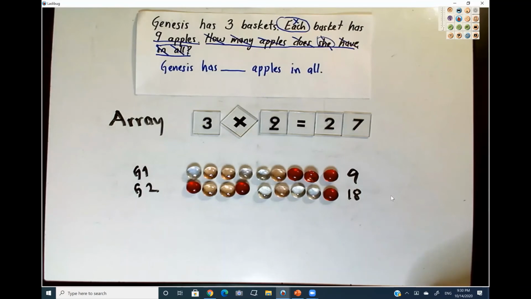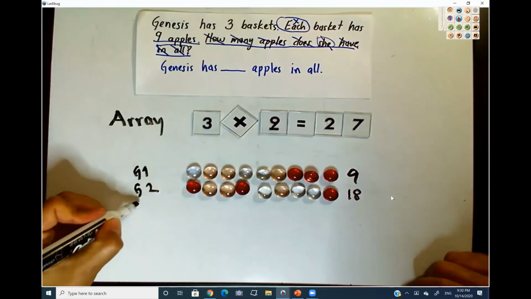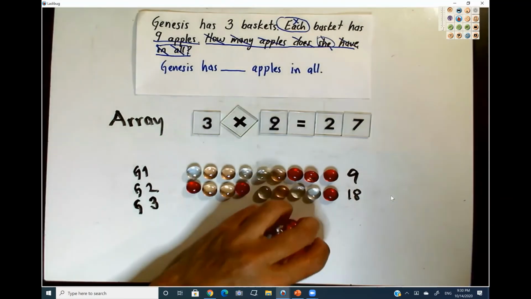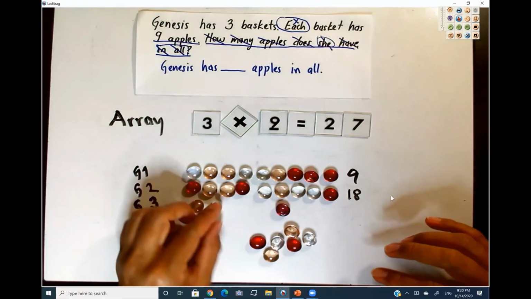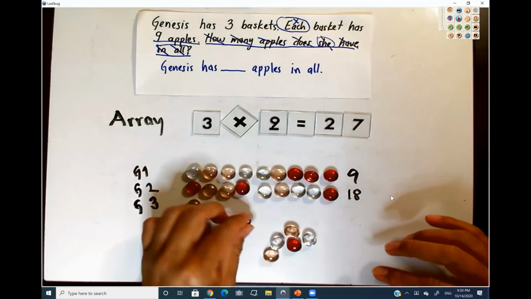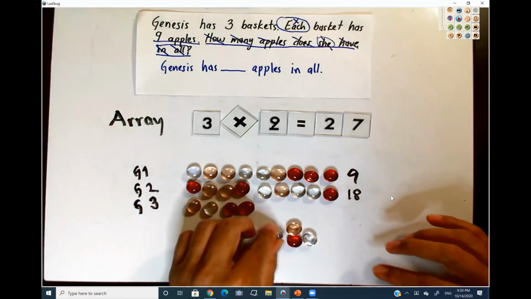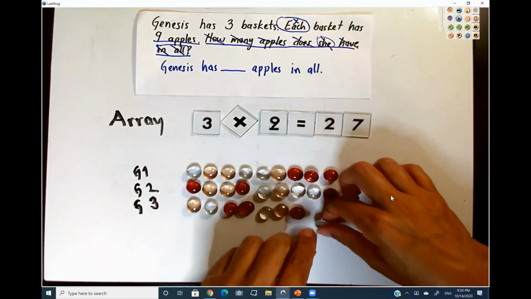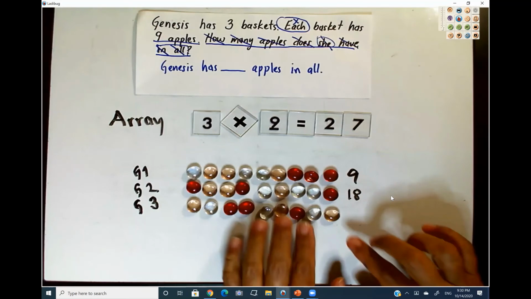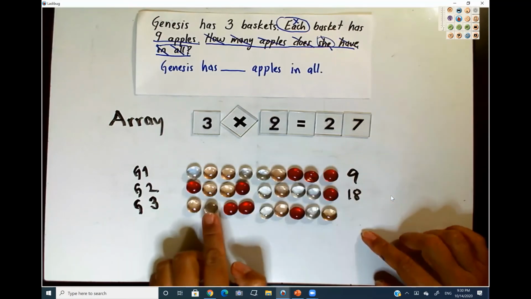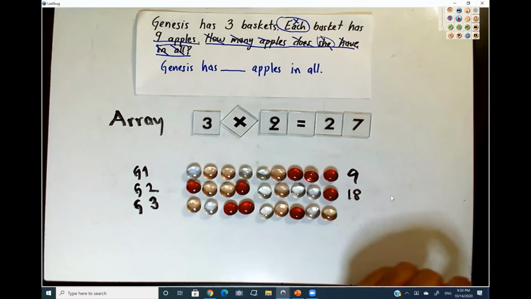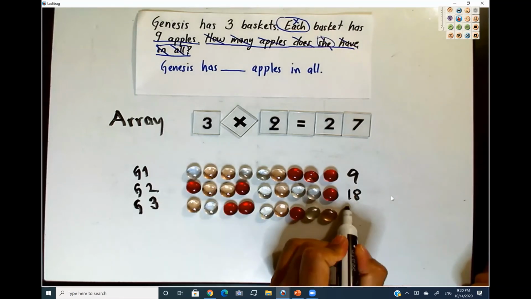And then I'm going to do basket number 3, which is going to be my group number 3. And then I'm going to align again the 9 apples, or the 9 objects that I have. 2, 3, 4, 5, 6, 7, 8, and 9. Now, if you count them from 18, 19, 20, 21, 22, 23, 24, 25, 26, and 27. So my answer is again 27.